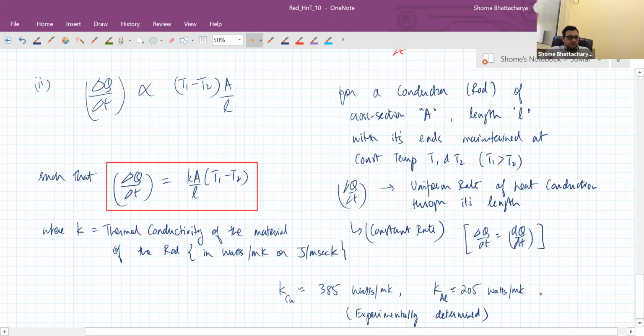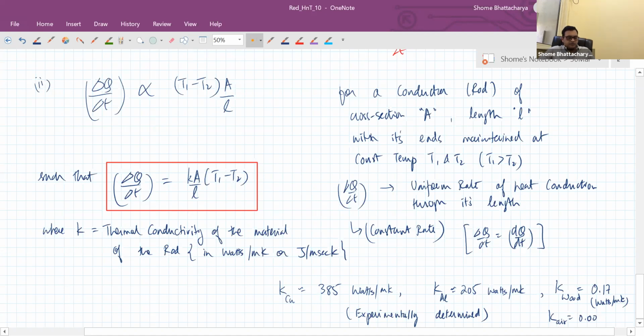Whereas if you take the thermal conductivity of a comparatively poor conductor of heat like wood, it's much less. It's about 0.17 watts per meter Kelvin. Thermal conductivity of air is very poor in comparison. It's 0.00 something. You don't need to remember these values.